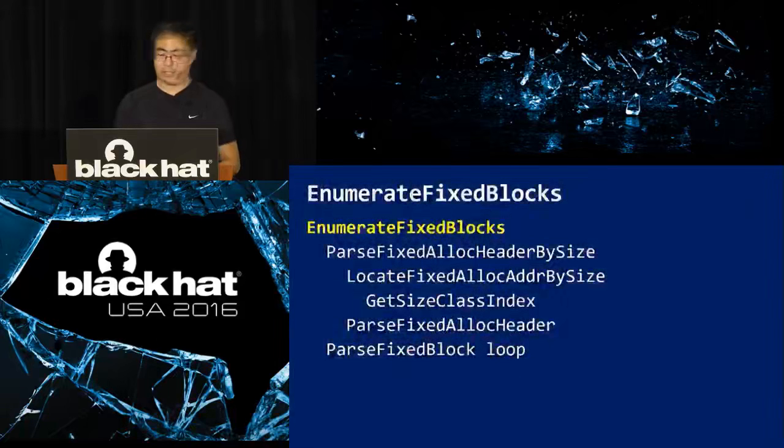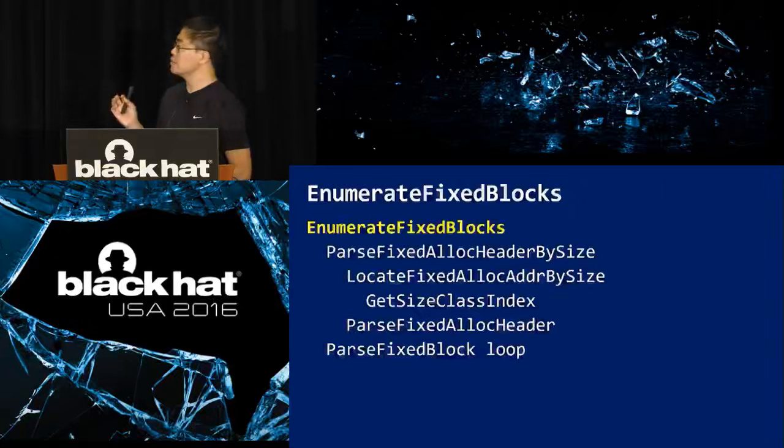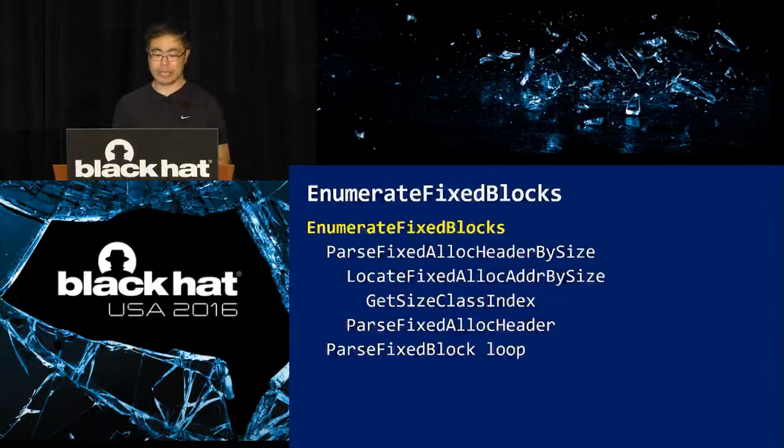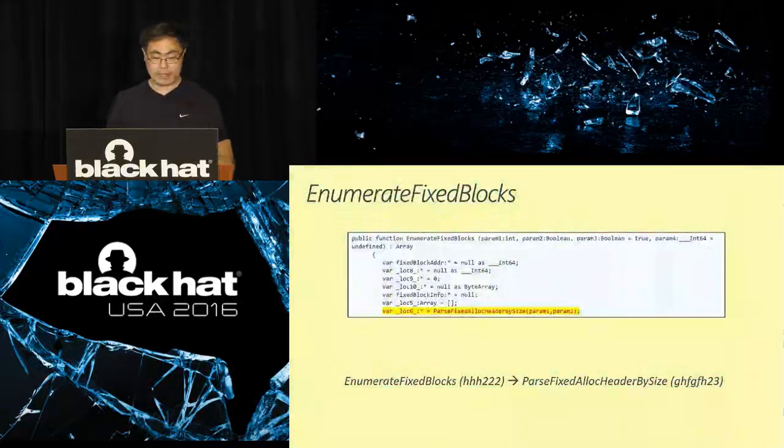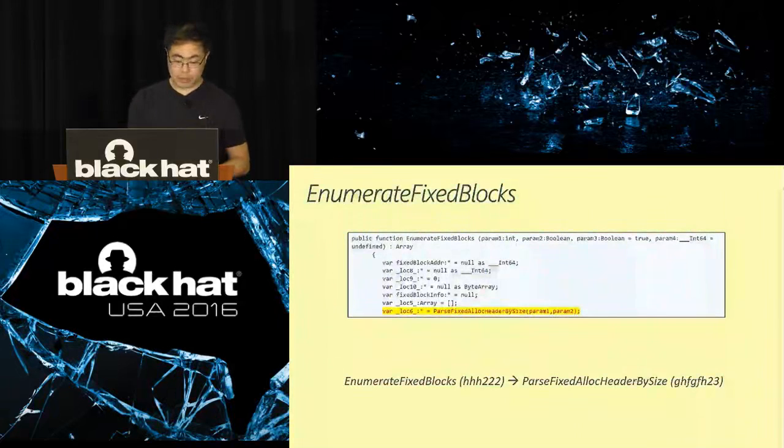I summarized the whole process here. First, enumerate the fixed blocks. That is the function that can enumerate any memory blocks that have a specific size. If you look into the code, it is just calling parse fixed alloc header by size.